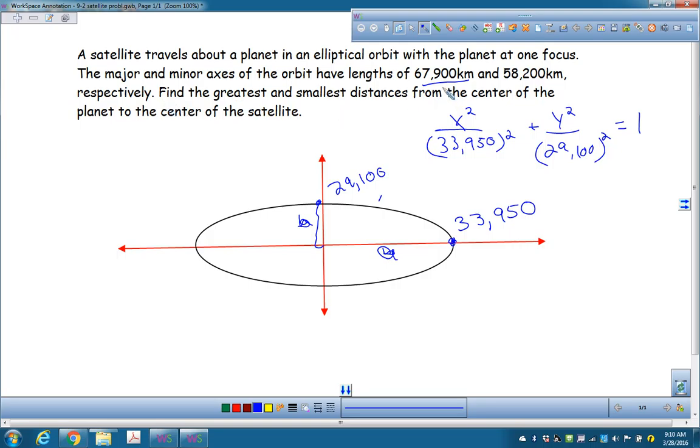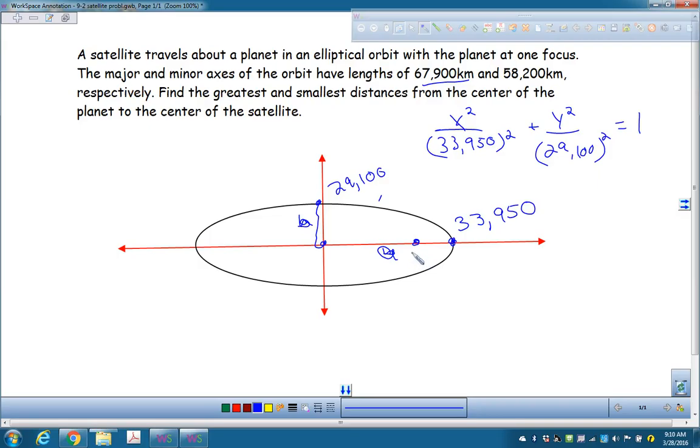Find the greatest and smallest distances from the center. The greatest distance from the center is just going to be A, right? Oh, no, but the planet is right here. Sorry.